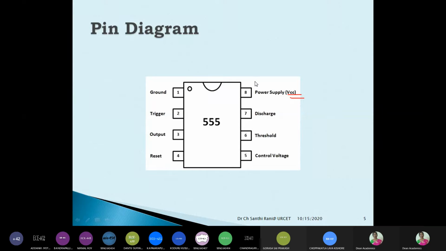I have mentioned in the previous slide. What is the voltage range for 555 timer? You respond in chat box so that my teaching will not be monotonous. It will be interactive teaching, right? I told you already. This 555 timer operates with supply voltage range from 5 volts to 18 volts.